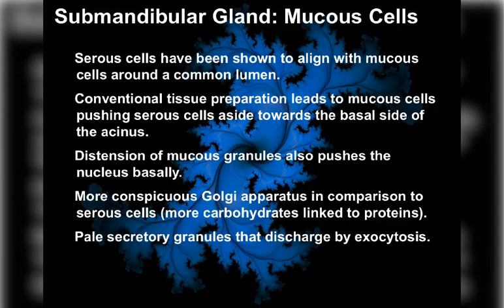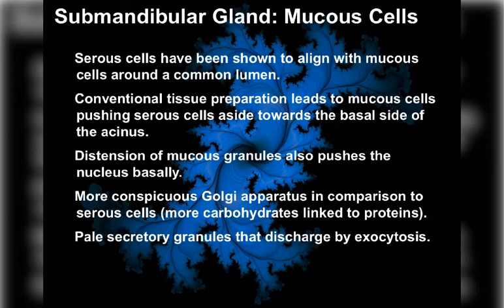Continuing with the cells in the secretory end pieces of the submandibular glands, serous cells have been shown to align with the mucous cells around a common lumen. Conventional tissue preparation leads to the mucous cells pushing serous cells aside toward the basal side of the acinus.